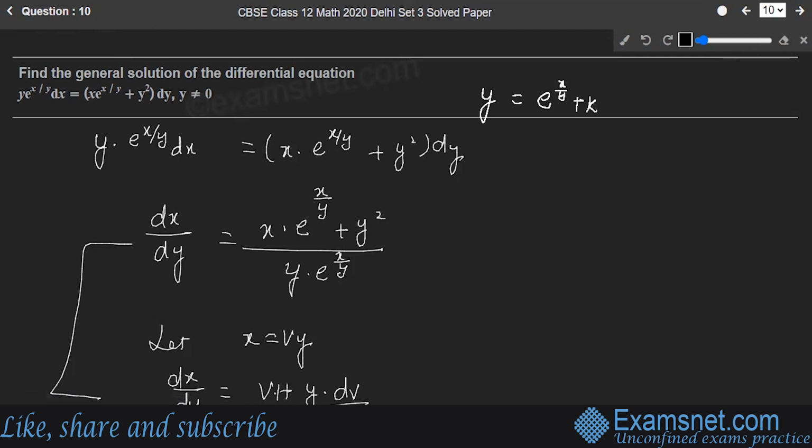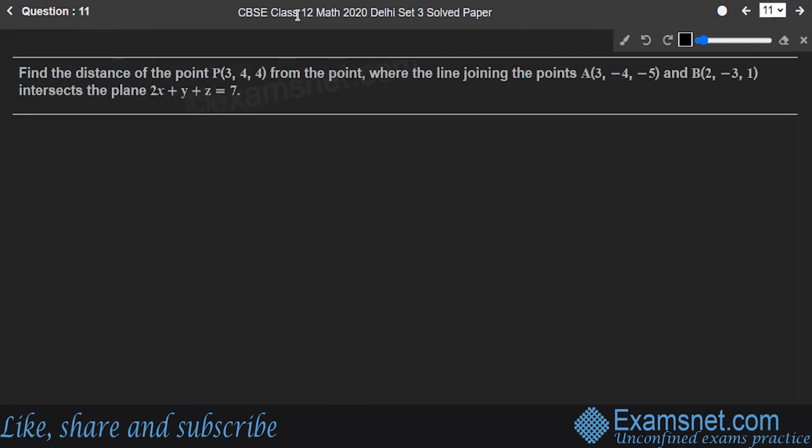Hope you got that. So with that, let's move to the last question of this paper. That is question number 11. You have to find the distance of the point 3, 4, 4 from the point where the line joining these 2 points intersects this given plane.